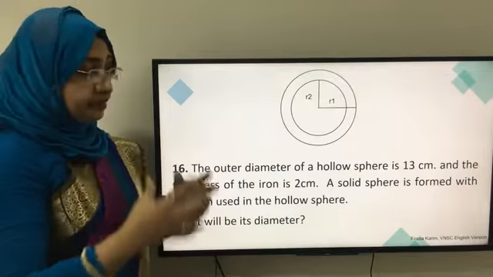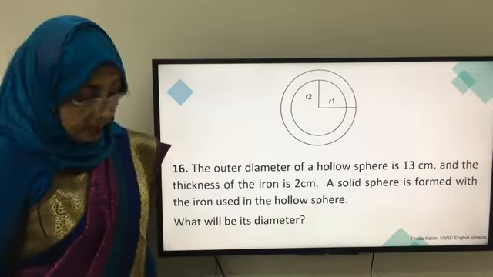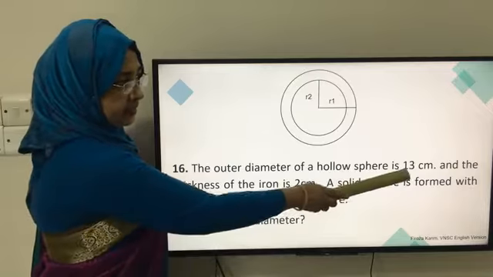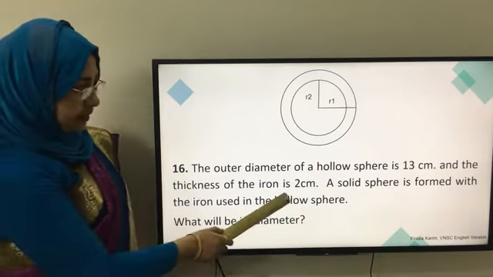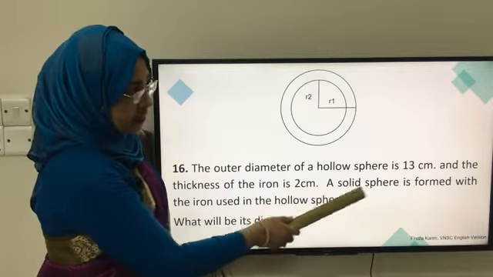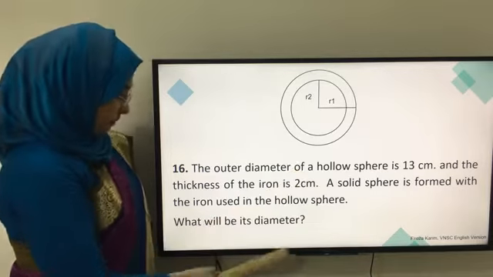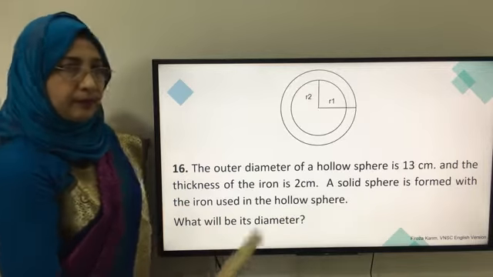If it is made of wood, then there should be the thickness of the wood, etc. Okay, whatever. The outer diameter of a hollow sphere is 13 centimeter and the thickness of the iron is 2 centimeter. A solid sphere is formed with the iron used in the hollow sphere. What will be its diameter?